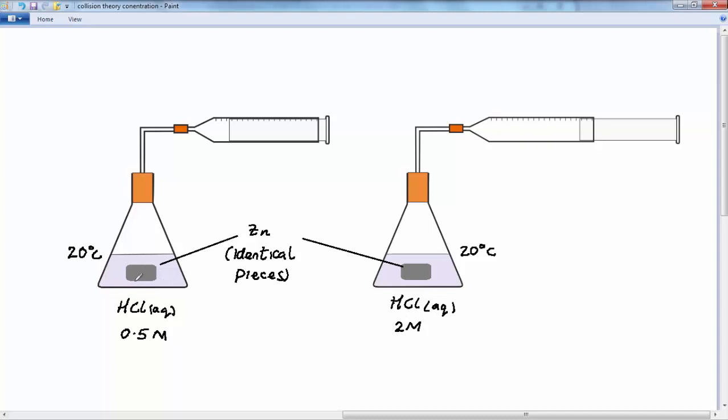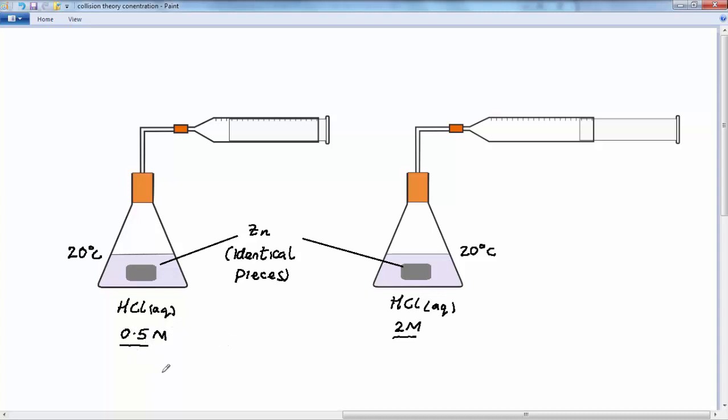Okay, so what we've done is we've changed the concentration of hydrogen ions, and it is the hydrogen ions that will react with the zinc. So if you like, there are 4 times as many hydrogen ions dissolved in this solution, they're both of equal volume, as there are dissolved in this solution, because the concentration 2M is 4 times greater than the concentration of this one, 0.5M.